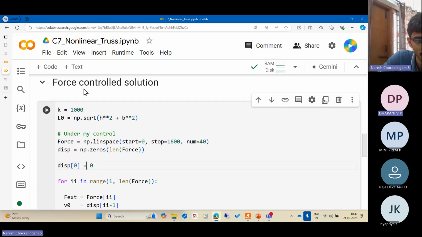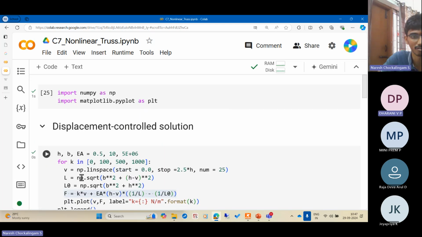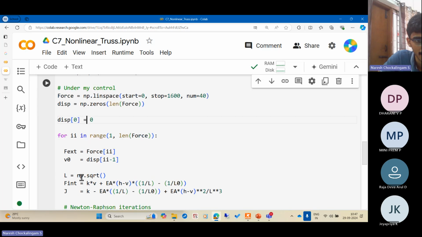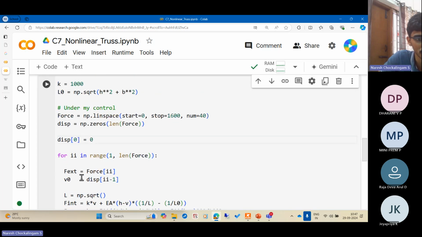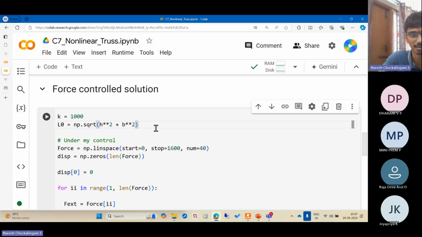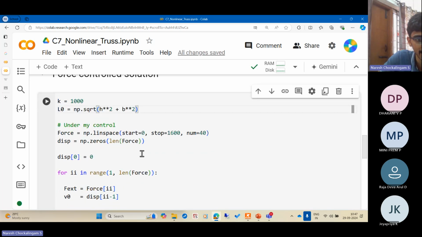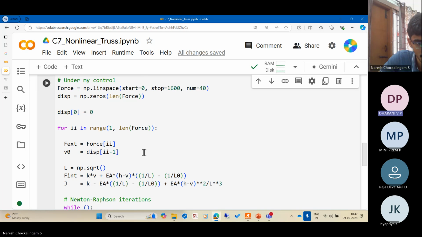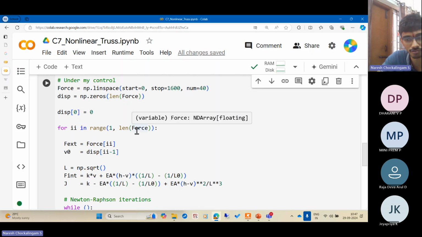So first thing, for the force controlled solution, I have not defined L. Even if I write L is equal to something here, that will not change with every iteration. That's the issue. So here I need an L that changes. I have already got the solution up to a certain value of force. For that value of force, there's a displacement, and for that displacement, there's an L. That update will not happen unless you define L inside the loop. Okay. So this has to be inside the loop.